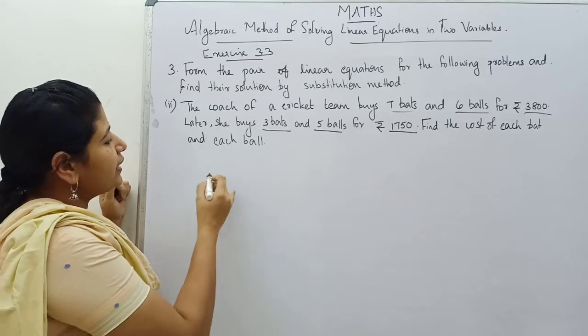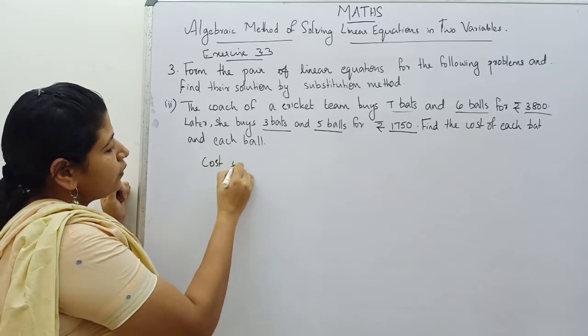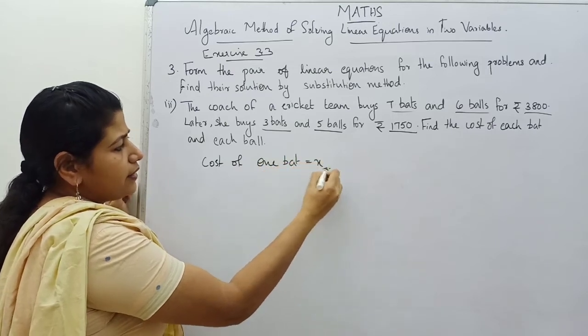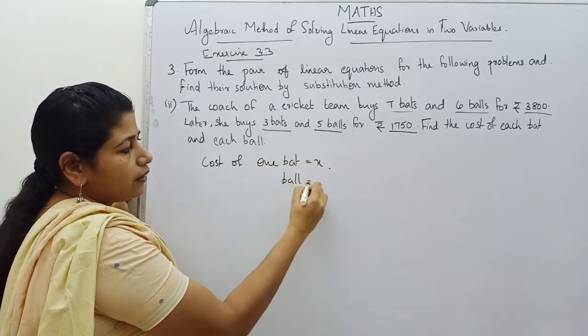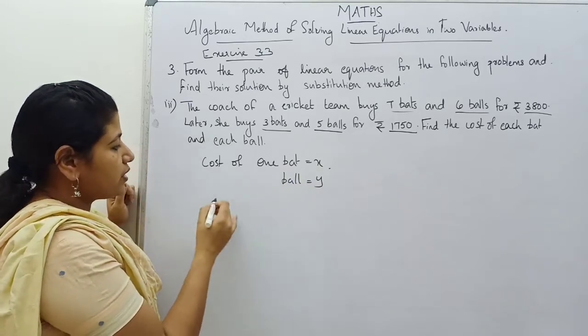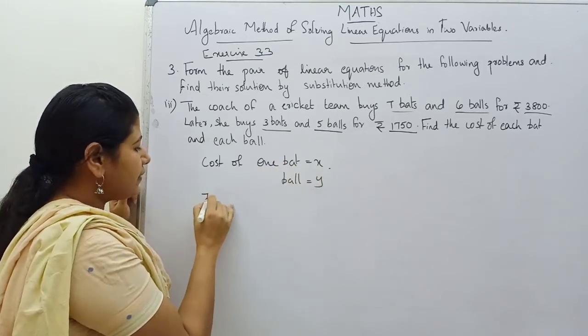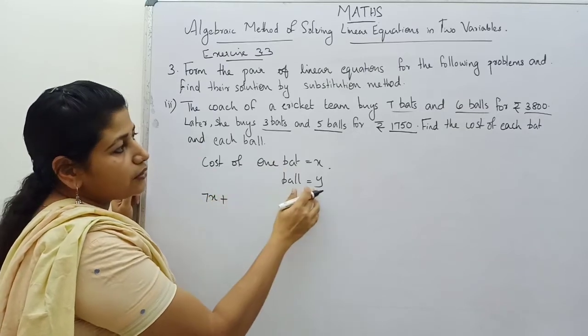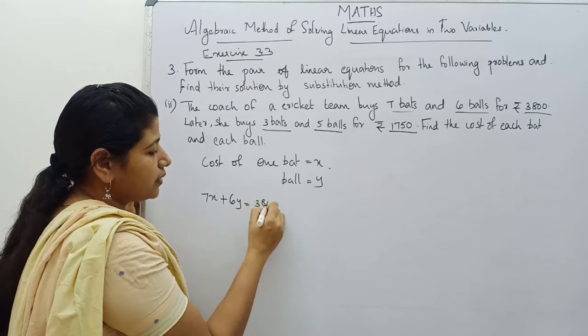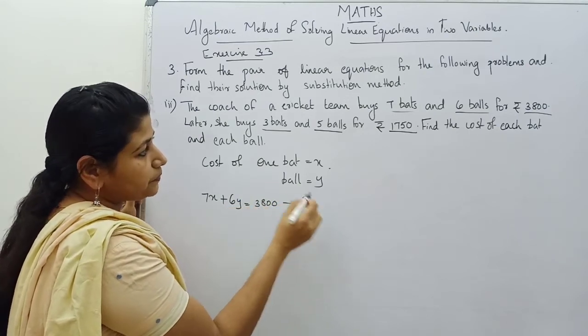So let the cost of one bat be x and the cost of one ball be y. So we can make the equation: cost of 7 bats means 7x and cost of 6 balls means 6y, equal to 3,800. So this is your first equation.